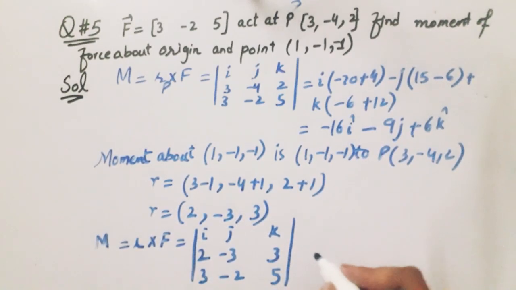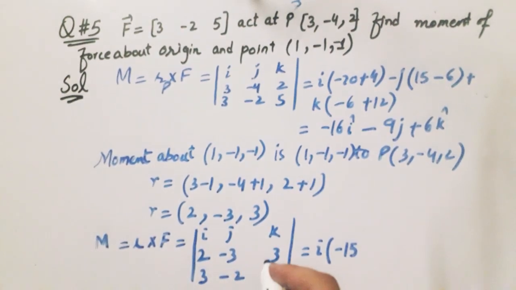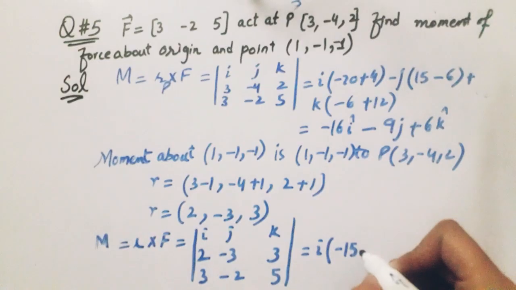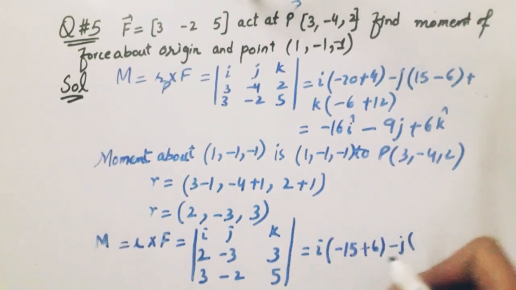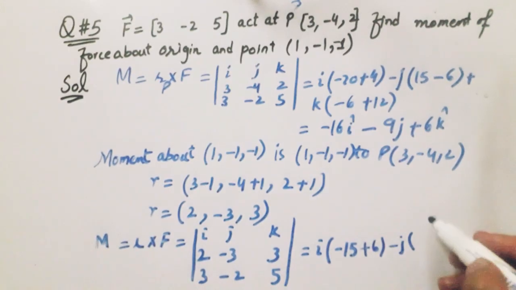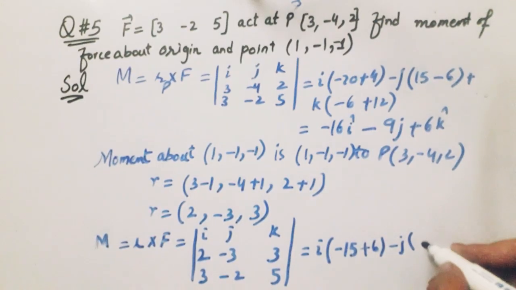So your answer will be i into minus 15 plus 6, so minus 9. Then minus j will be 2 into 5 is 10, 10 minus 9 is 1.